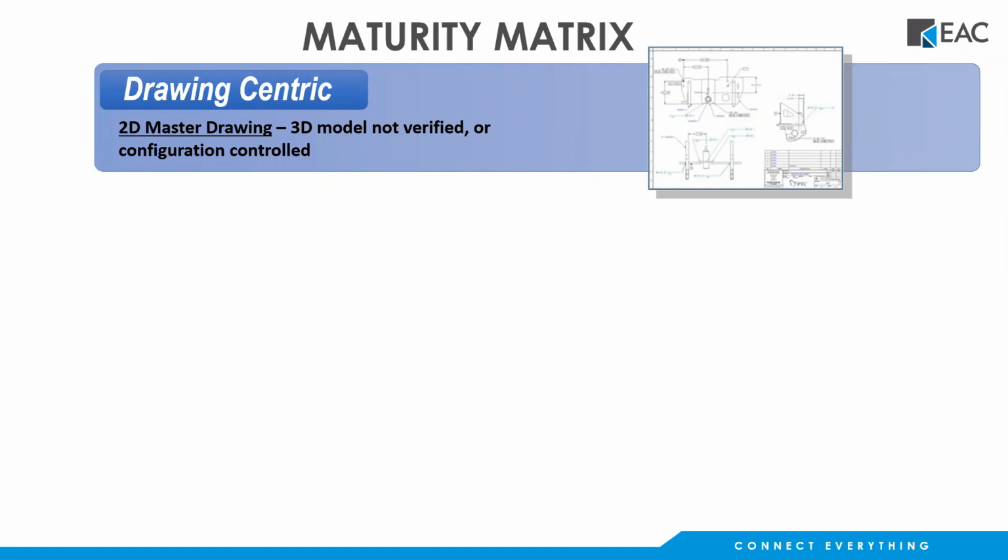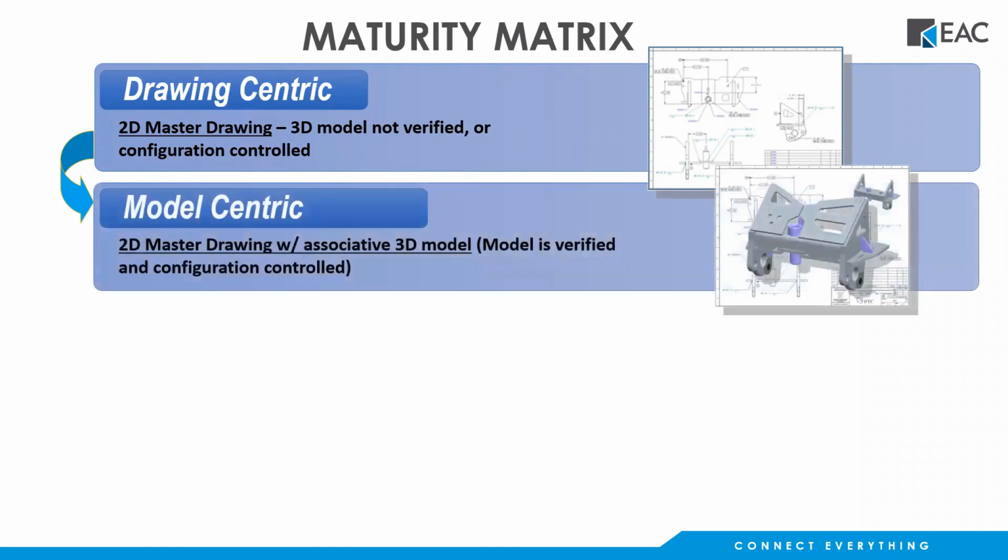Then we have model centric, which is probably where 95% of the people I work with lie, where we have a 2D master drawing. That 2D drawing is the legal asset, but we also have an associative 3D model. This model is verified and configuration controlled, but we're still using that 2D drawing as our legal asset.